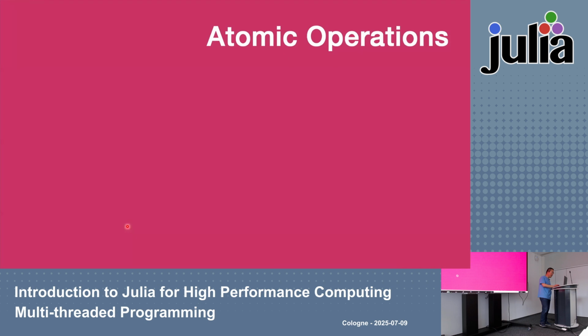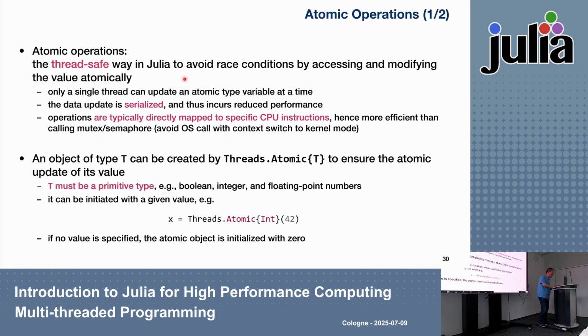Okay, atomic operations. Atomic operations are a thread-safe way to get rid of the data race. This is like operating on a single value and treating it atomically. Therefore, the code or the data that will be updated will be serialized, because only one operation can be executed in one time slice.